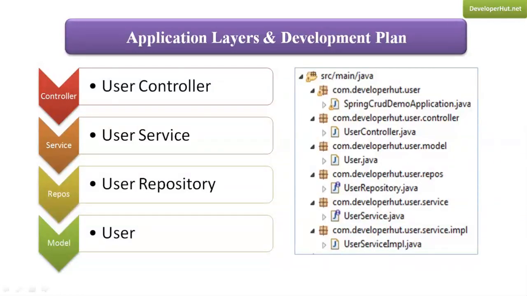And last is the model layer. This model layer is reserved for database mapping. Whatever classes we create in the model layer are mapped to database objects. So in our application, let's say we have a user table, and this table is mapped to the user.java file, which contains the mapping from each instance variable to the database table columns.